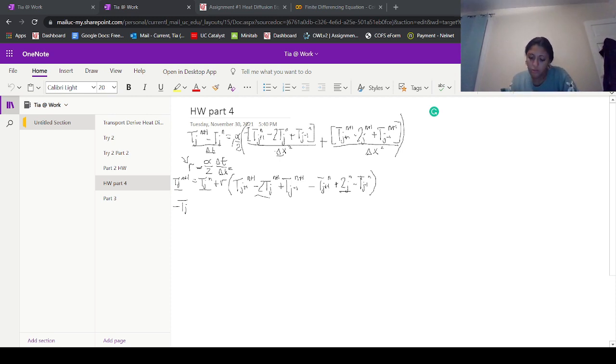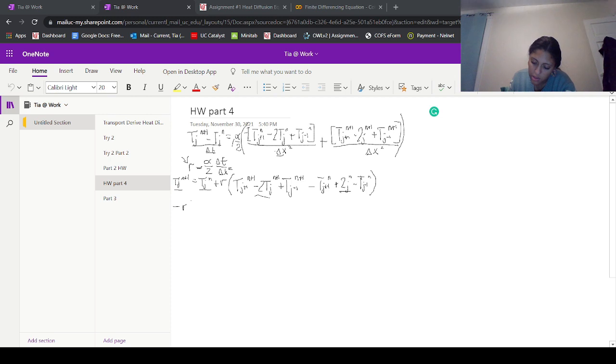Okay, so we're going to take everything with the n plus 1 on the left side of the equation, because that's where that one is right there. So, minus, oh, that's what I was lost on. I should have an R there. R, and then so this negative 2 at temperature at position J at n plus 1, right?